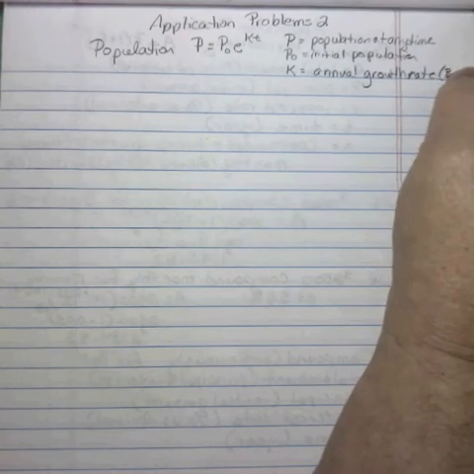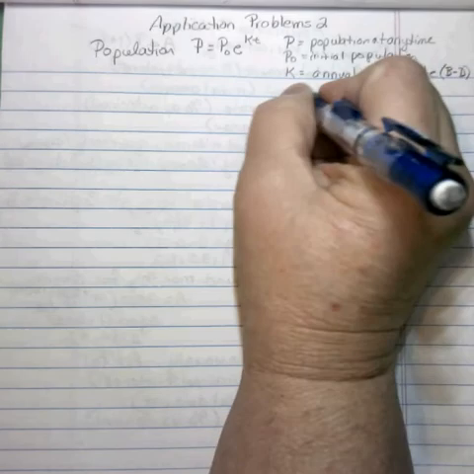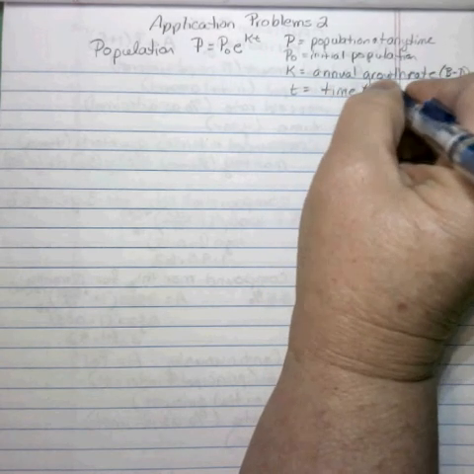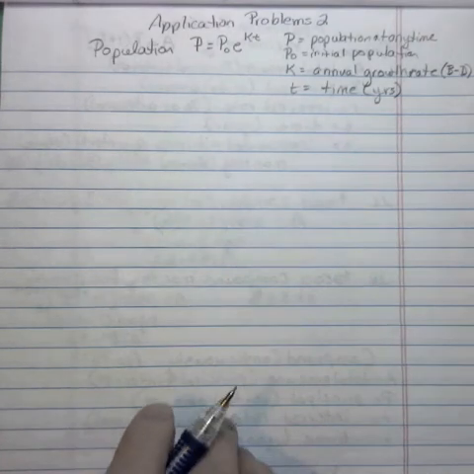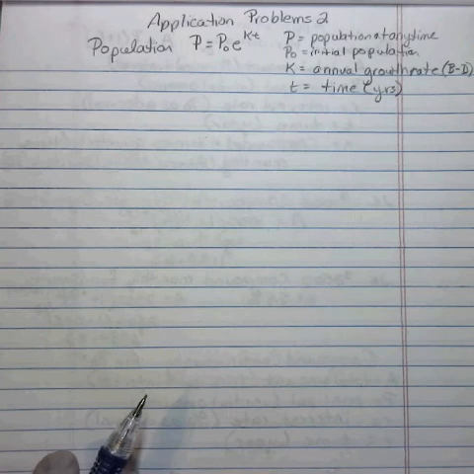This one in this case is found by B minus D. And T is representing the time in years. This may vary on how you find that depending on a particular problem.